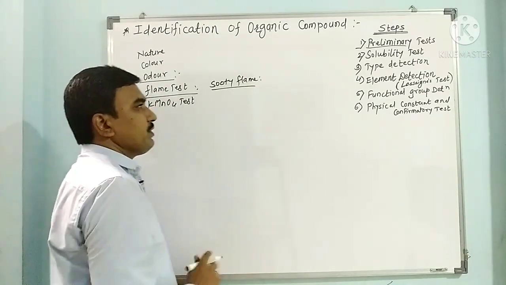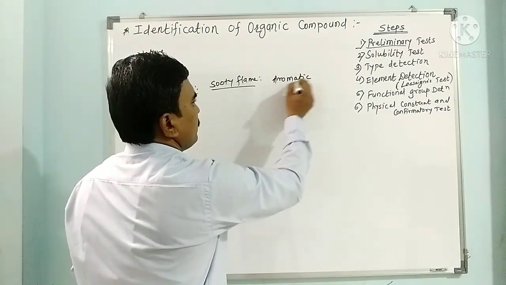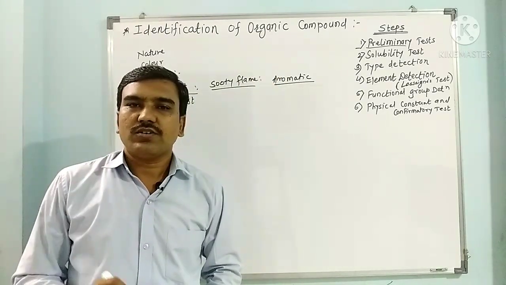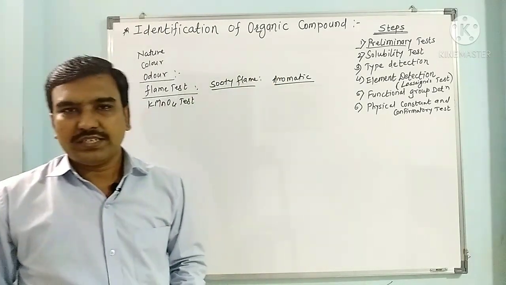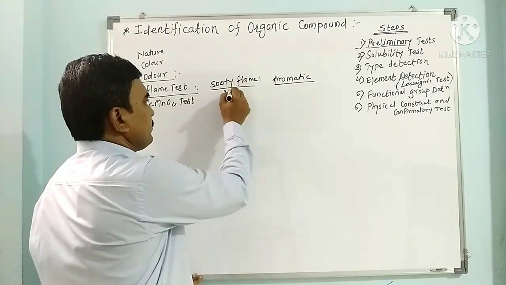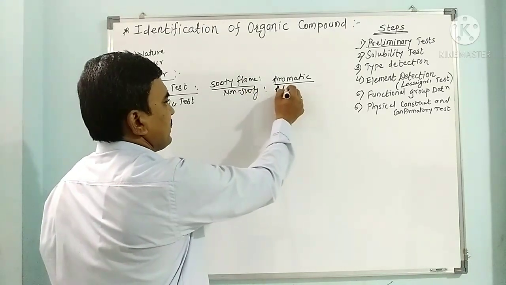This is basically found in the case of aromatic compounds. So when we observe a sooty flame, we can say that an aromatic compound can be present. If we have a non-sooty flame, then the compound may be aliphatic.